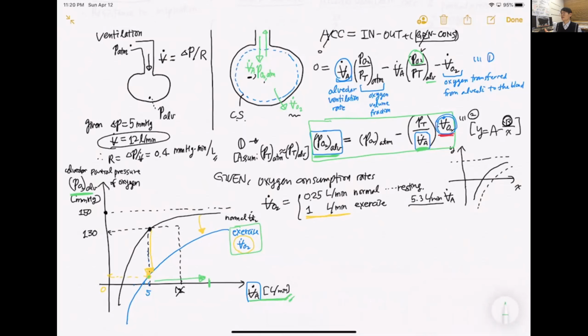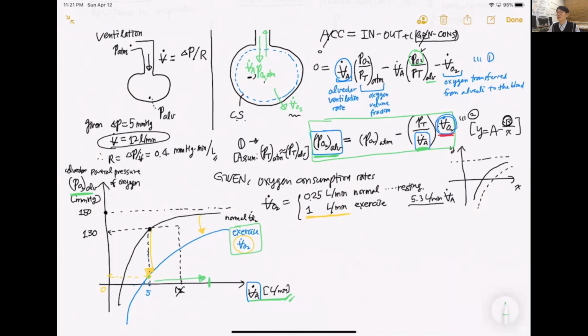So the answer to the question, what happens if a person sits with an oxygen consumption rate of 250 milliliters of oxygen per minute and suddenly starts to exercise, which requires 1 liter of oxygen per minute, is that she cannot keep up and she has to change her ventilation rate, from 5.3 liters to much higher, to keep up with this oxygen consumption.